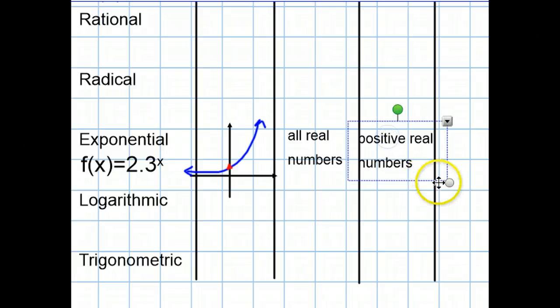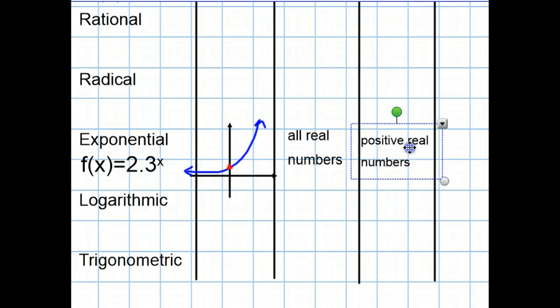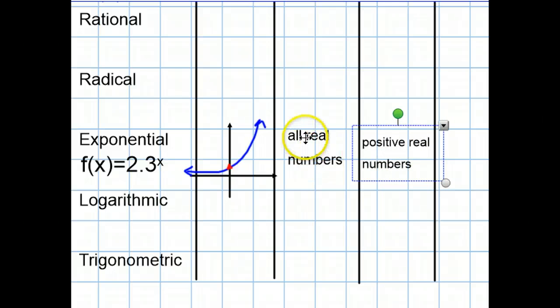So the thing to note about this function is that the domain is all real numbers, but the range is a subset of that, and it's either all positive real numbers, or vice versa, depending on the transformations, which we're going to talk about later. And as you can see here, there is this horizontal line that the graph will not cross.